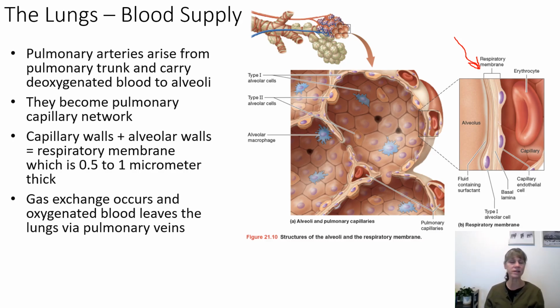So the respiratory membrane is very thin. It's only a half to 1 micrometer thick, and gas exchange can occur as oxygenated blood will leave the lungs and go back to the heart by way of the pulmonary veins.